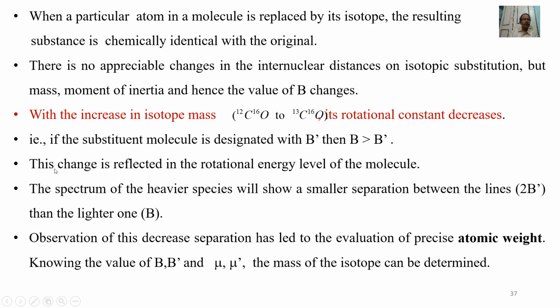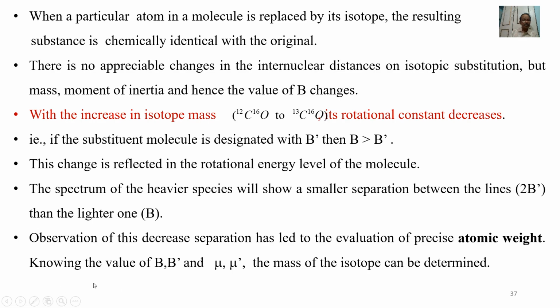This change is reflected in the rotational energy levels of the molecule. The spectrum of the heavier species will show a smaller separation between the lines, which is 2B prime, than the lighter one, which is 2B. Observation of this decreased separation has led to the evaluation of precise atomic weights.